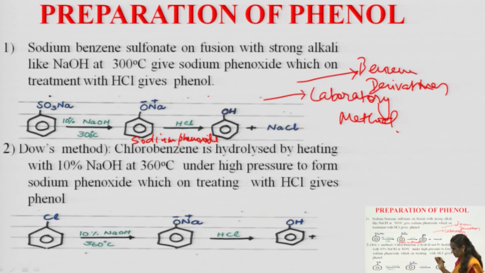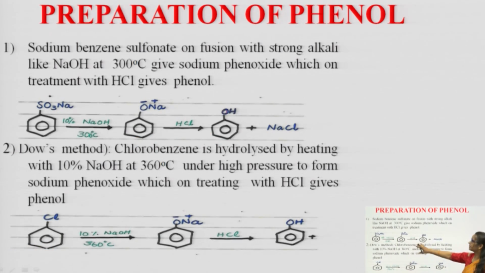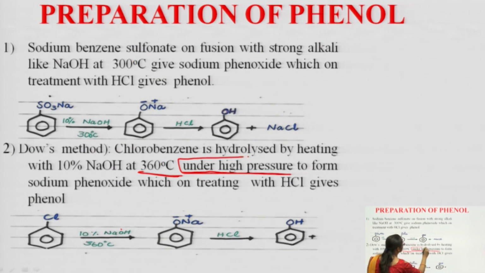The next method is very important. It is the Dow method, a very important method because it is used commercially. Industries are adopting this method to synthesize phenol. What the method says is that chlorobenzene is taken instead of sodium benzene sulfonate. When chlorobenzene is treated with 10% NaOH, the conditions are different here: the temperature is 360 degrees Celsius and it takes place under very high pressure.